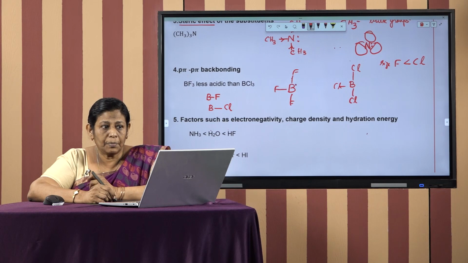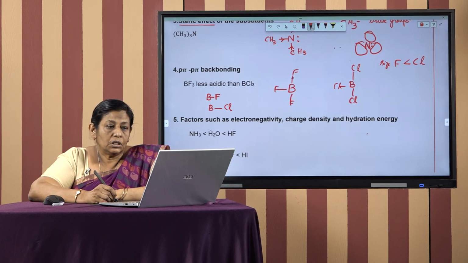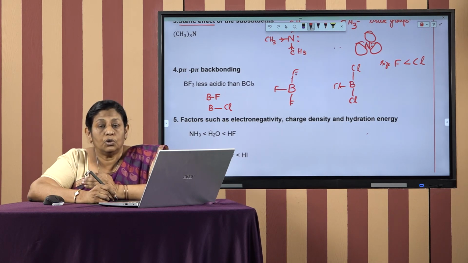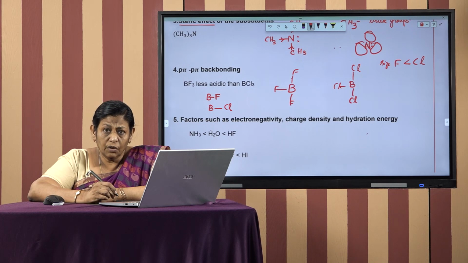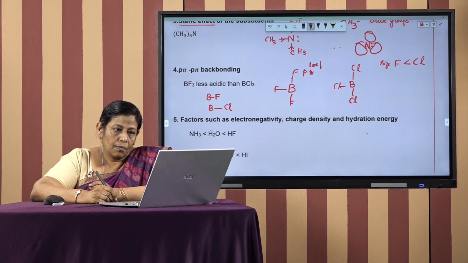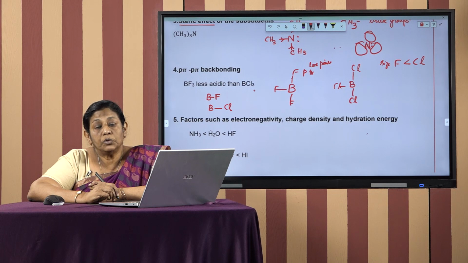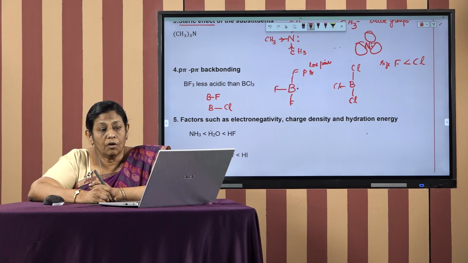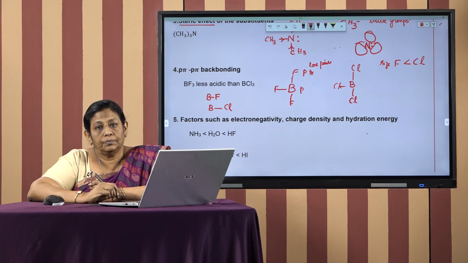Now, just check the bond length. In the case of boron fluoride, fluorine is closer to boron, and therefore the p orbital of the fluorine atom, which contains a lone pair, will overlap with the empty p orbital of boron.